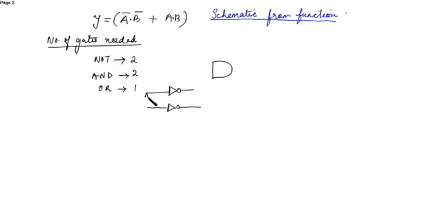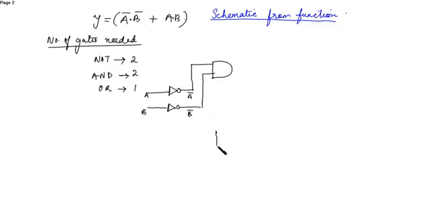This is for A, this is B, this is A bar and this is B bar. So first will be A bar B bar, this is A bar, this is B bar.